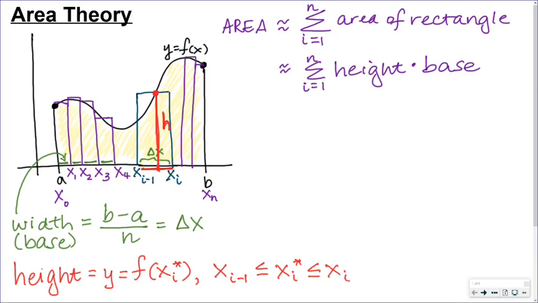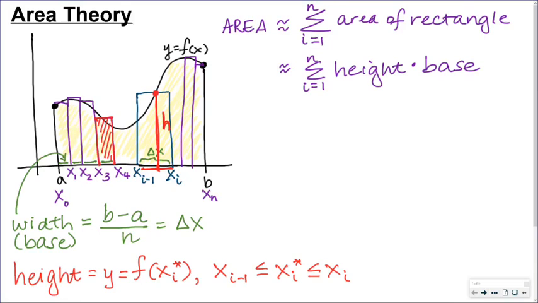For example, if I were talking about this rectangle over here, x i star could be anything between x3 and x4, including x3 or x4. It would be x3 if it were a left-hand Riemann sum, and x4 if it were a right-hand Riemann sum, but it really doesn't have to be either left or right. It could be any value in there.